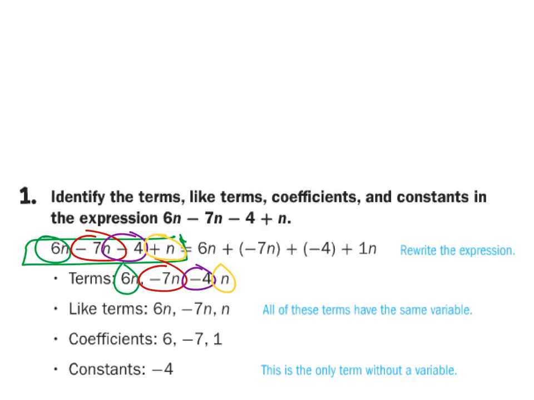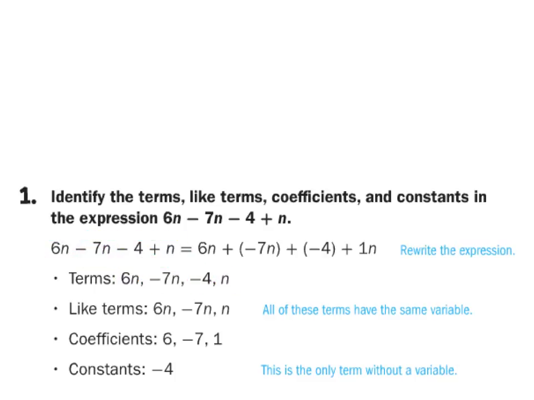Okay? Those are the terms. Like terms are the terms with the n's. Coefficients are the numbers being multiplied to n. And the constants are the numbers without any n's.